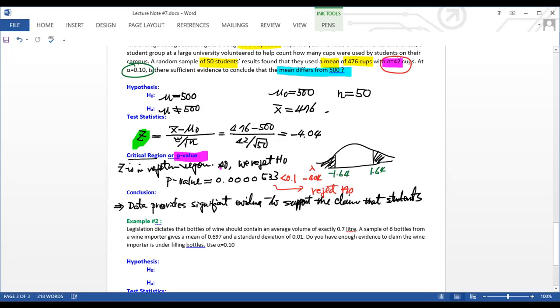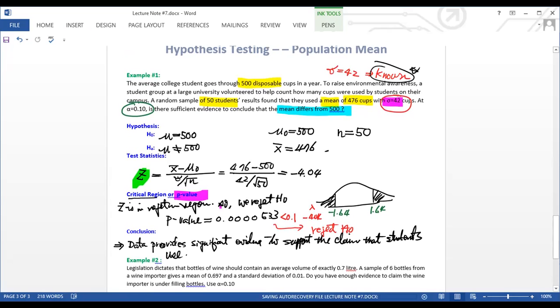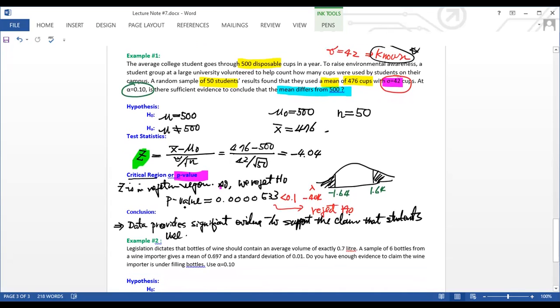average number of cups a student uses is different than 500 cups here.